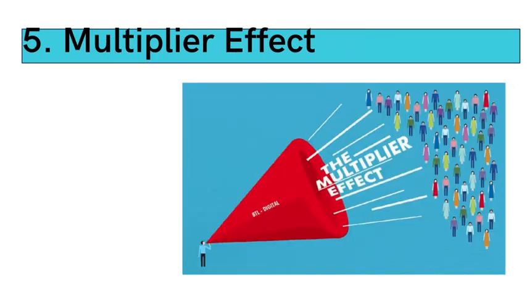So let's proceed to number 5, multiplier effects. So the tourism industry often has what they call the multiplier effect. For example, this is only the tourism and hospitality industry, but there are many multiplier effects.